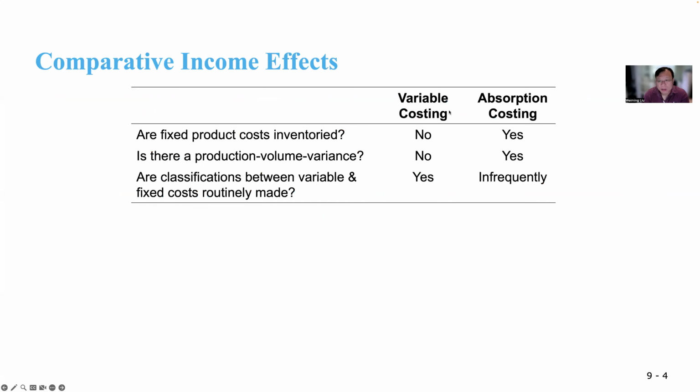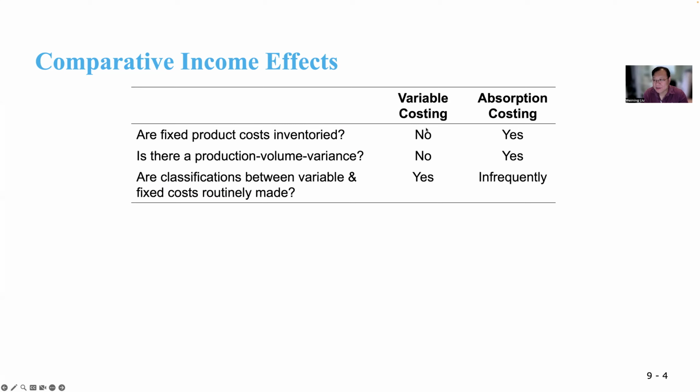So when I'm comparing the two costings, we know that the fixed manufacturing overhead will first be part of the inventory as overhead under absorption costing, but they are not product cost under variable costing.